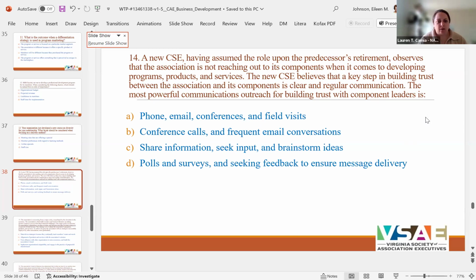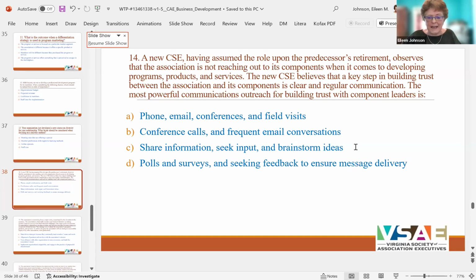The most powerful communications outreach. I would go with A, phone, email, conferences, and field visits. Just because that gives you greater access to the components. It's not very practical, but probably the most powerful. They say the answer is C, sharing information, seeking input, and brainstorming ideas. Okay.